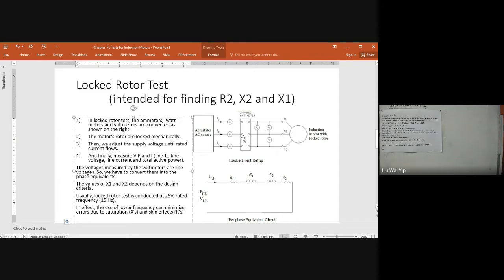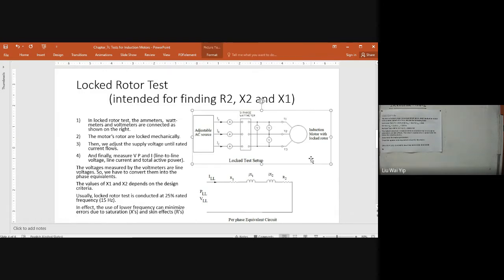More importantly, we measure the wattage of the motor. Finally, we take down the readings for the voltage, current, and power. The voltage is most likely the line-to-line voltage, and the current is most likely the line current.